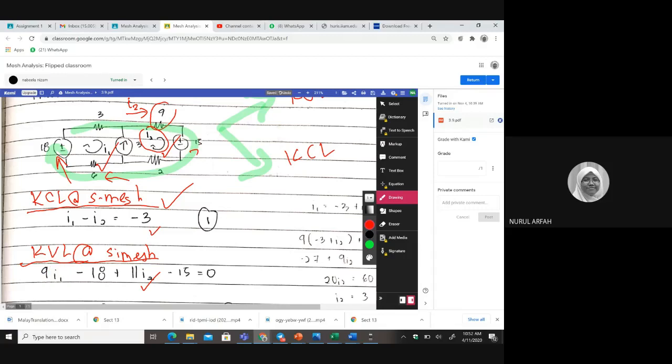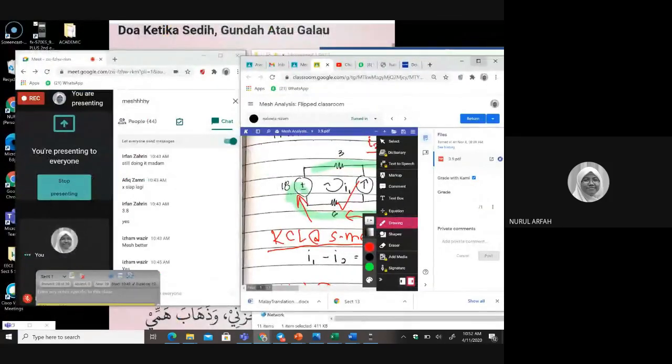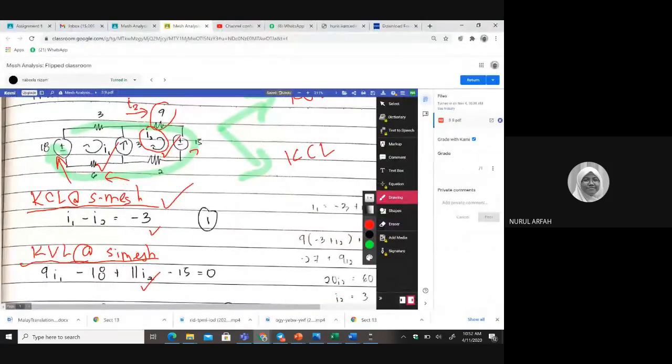Nabila, because resistors can be added in series, Nabila simplified this using 6 plus 3. So this is 9 I1 because at this loop we have I1. So this is 9 I1. And then we have this minus 18, yes. And then you have 9 plus 2 here. So you have 11 I2 and this is plus, very good.